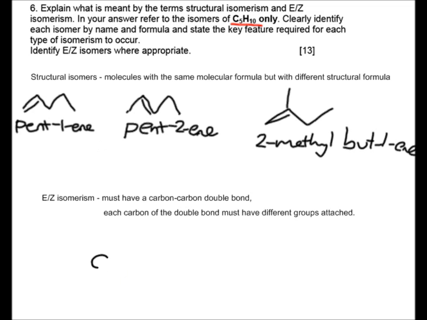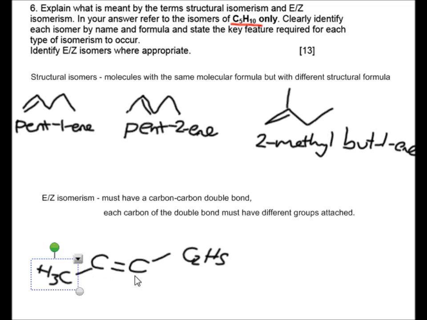So if we start by drawing the carbon-carbon double bond, as I said, 1 carbon has a methyl group attached and a hydrogen. The other carbon has an ethyl group. So this isomer, as the 2 priority groups are on different sides of the molecule, this would be the E isomer.